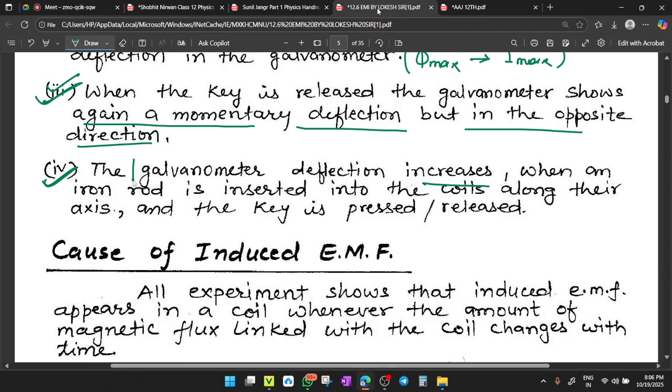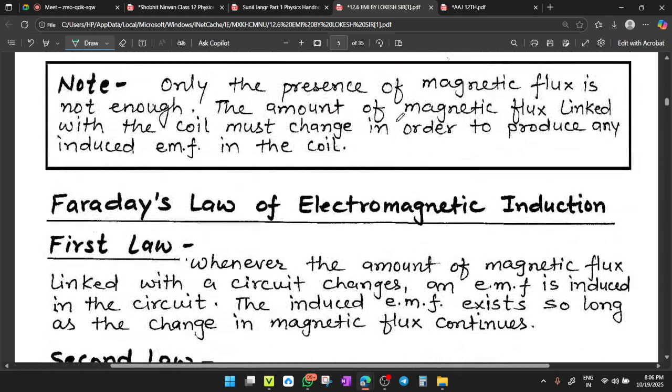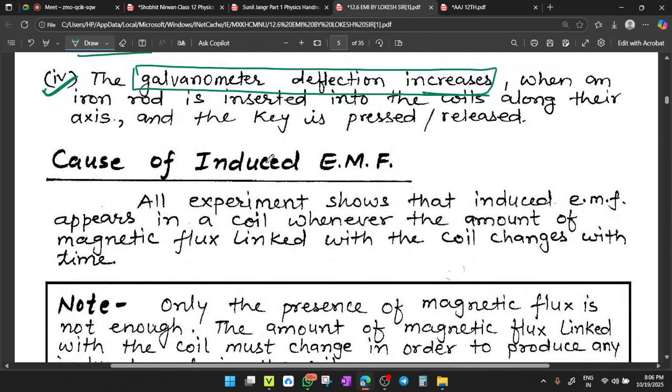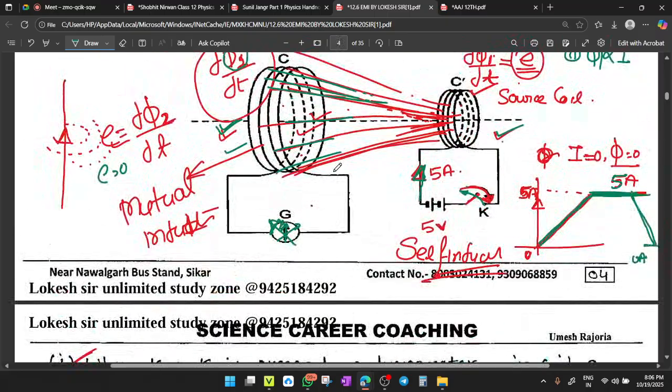So the galvanometer deflection increases. Understood each and every point? Clear? So this is a complete experiment. Faraday performed the experiment either by moving the magnet, second by moving the coil, or by changing the current in the source coil.